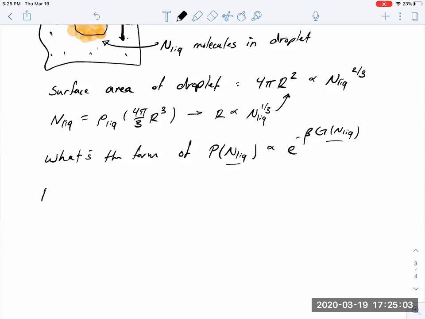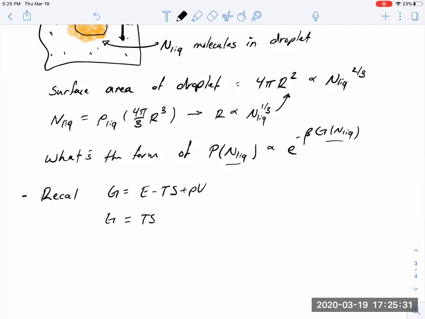So recall that we define the Gibbs free energy as E minus Ts plus PV.